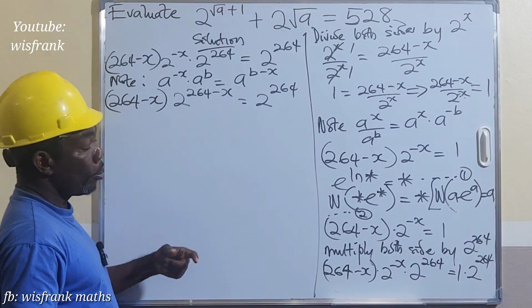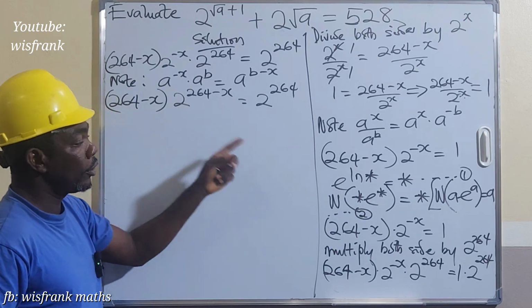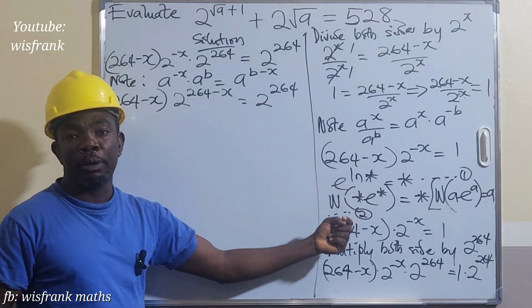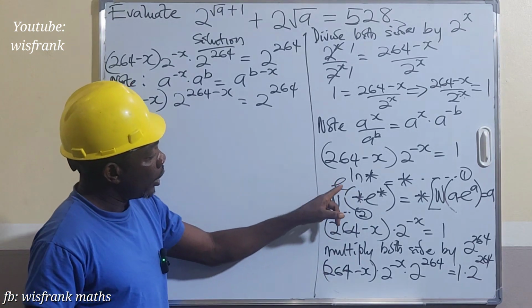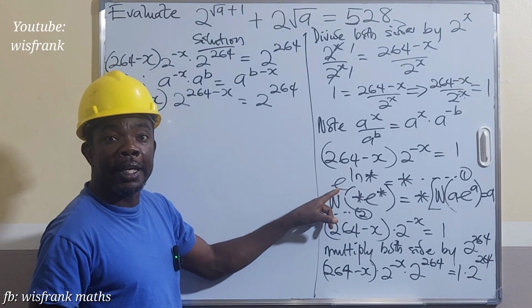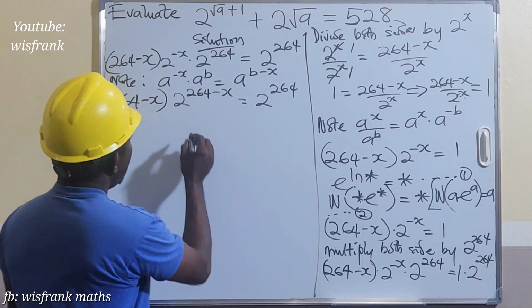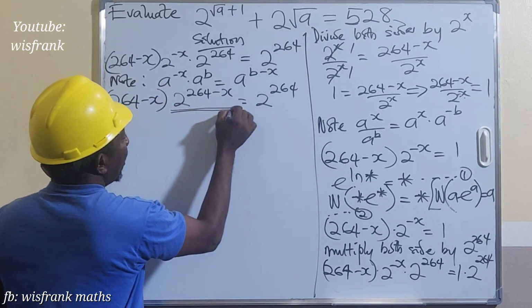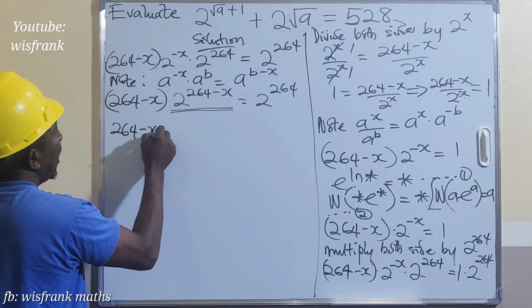But we need to introduce the exponent. The e is not here, so that we will be able to apply the Lambert W function. So now we need to bring in e. We recall that when we have e to the power of ln of star, it becomes star. So let's take this. We bring down this one, 264 minus x.